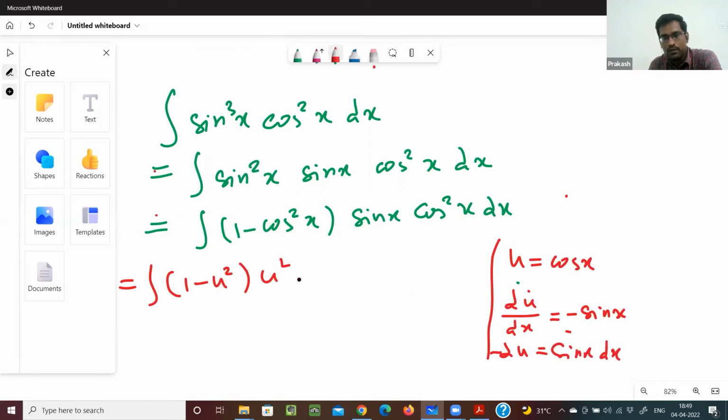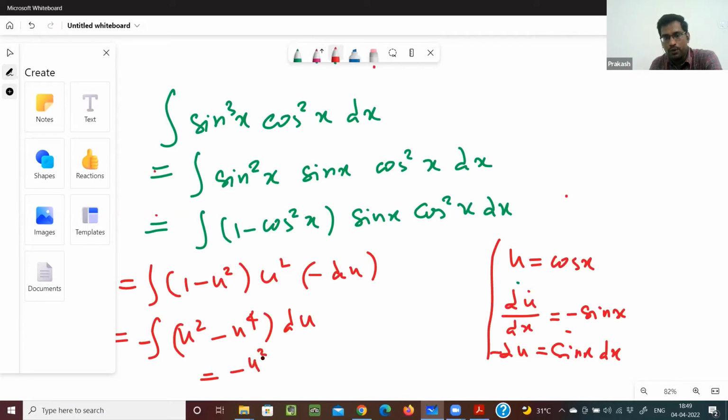So this is minus of the integral over u square minus u power 4 du. Here the minus we can take out. So this is very easy: minus u power 3 by 3 plus u power 5 by 5, plus c. Just substitute u equal to cos x. So we get minus cos cube x by 3 plus cos power 5 x by 5, plus c.